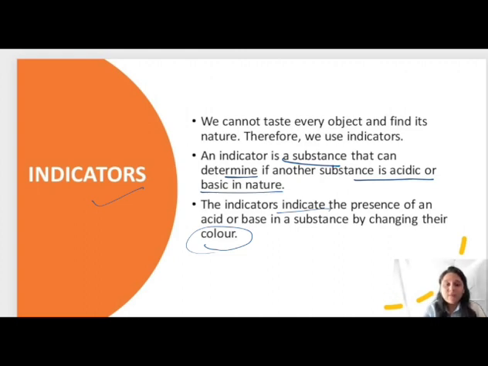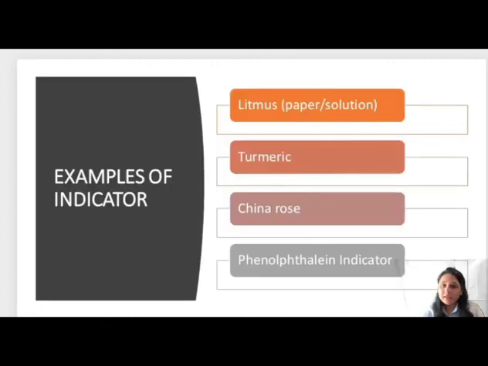There are some types of indicators that we are going to learn one by one. Let's talk about it. These are examples of indicators. First is your litmus paper. Next is your turmeric, China rose, and phenolphthalein indicator. But there is a thing between all these four indicators here. These three are natural indicators.